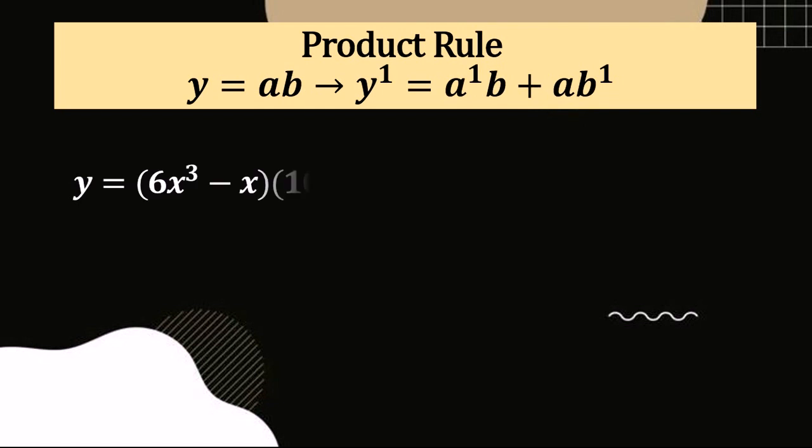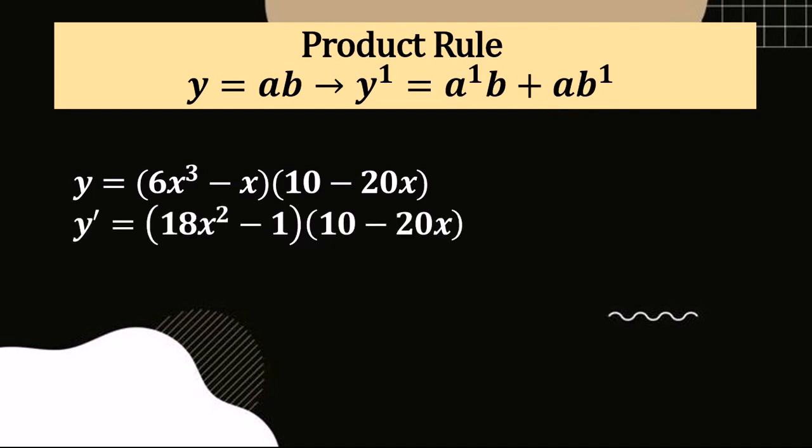For an example, y equals the quantity of 6x cubed minus x times the quantity of 10 minus 20x. So the step is, by using the formula, we're going to find first the derivative of a times b.